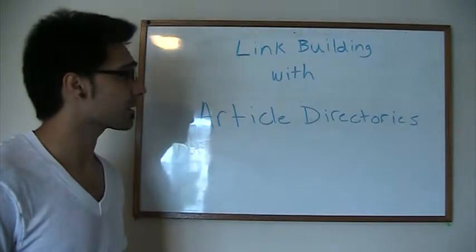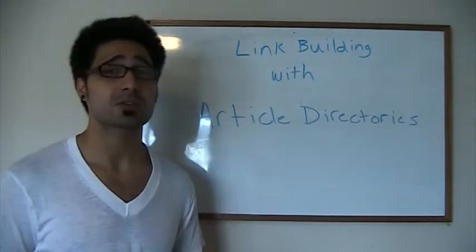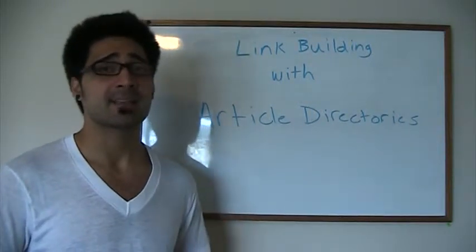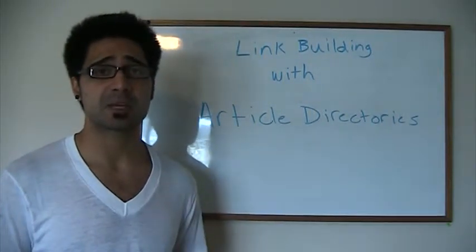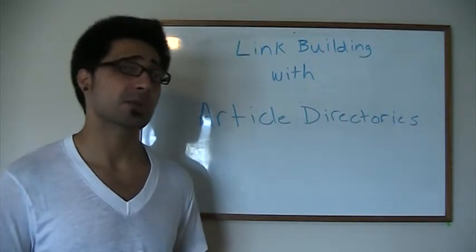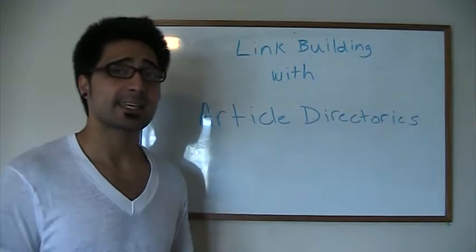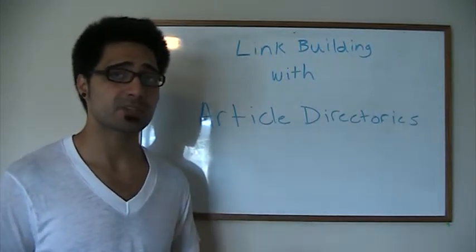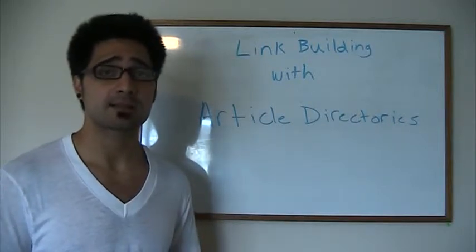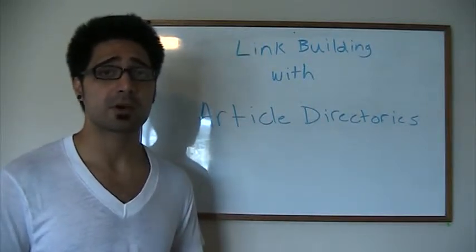Another bad thing about article directories, or the major article directories such as eDesign articles, is that they get scraped a lot. And by scraped I mean there's websites out there or third-party programs that scrape articles, take it and syndicate it in a bunch of different ways, like through different languages, and then make it as unique content, and then they will post it on their website.